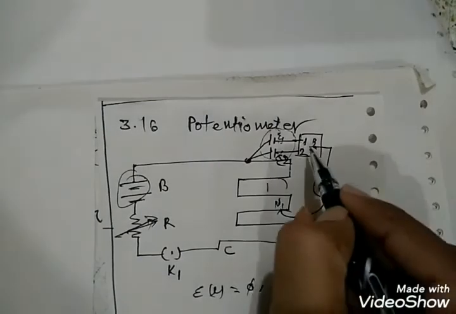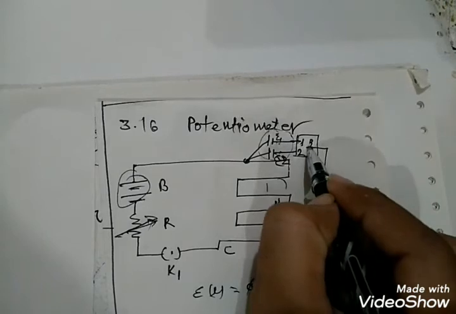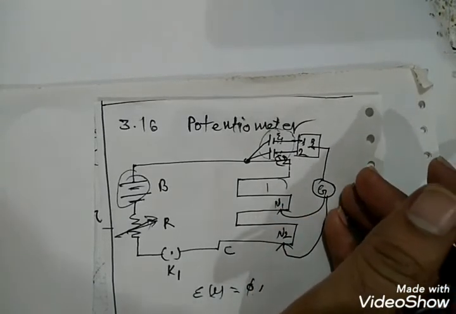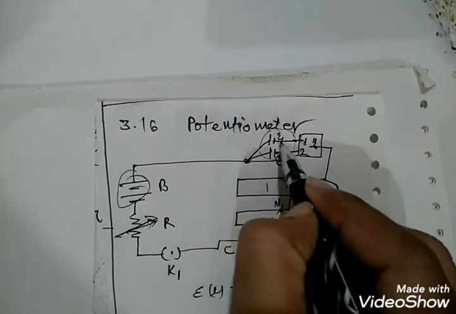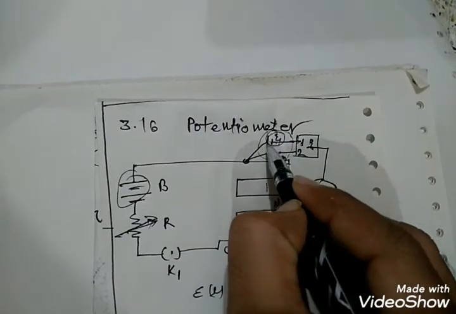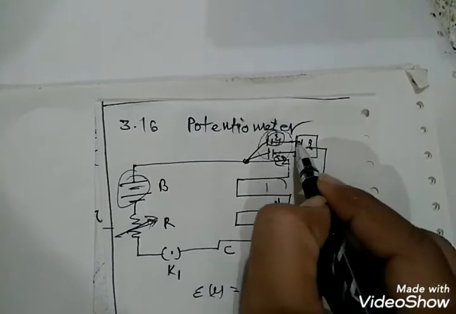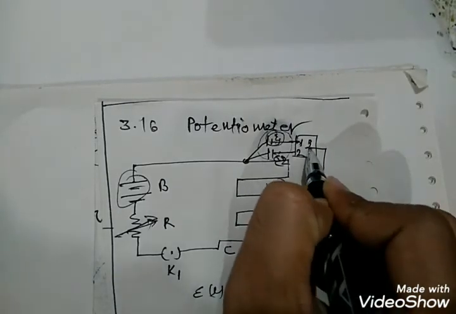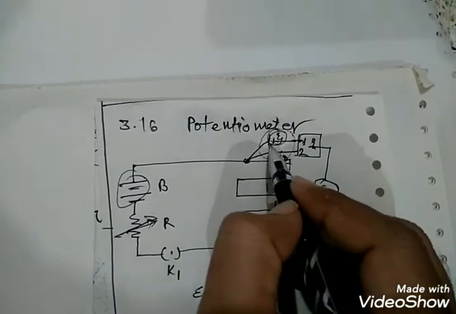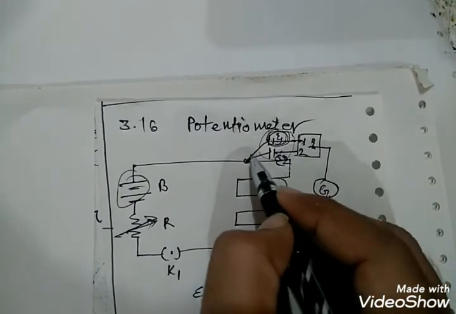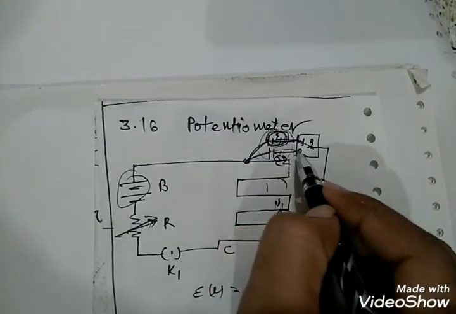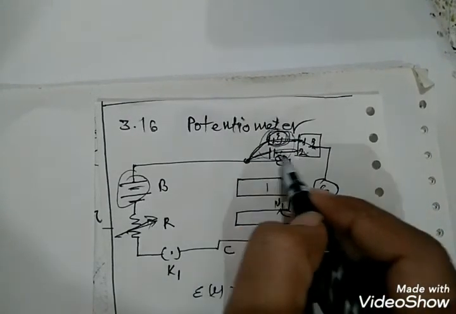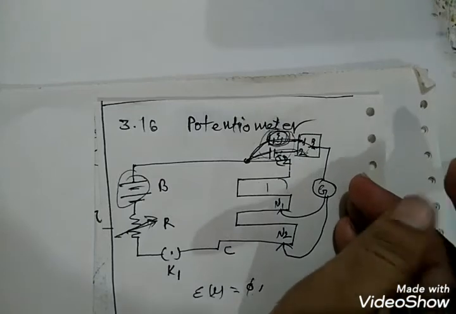The galvanometer is connected to the first EMF, between 1 and 2, so this is a closed circuit, and E2 is an open circuit, so no current flows in this direction.